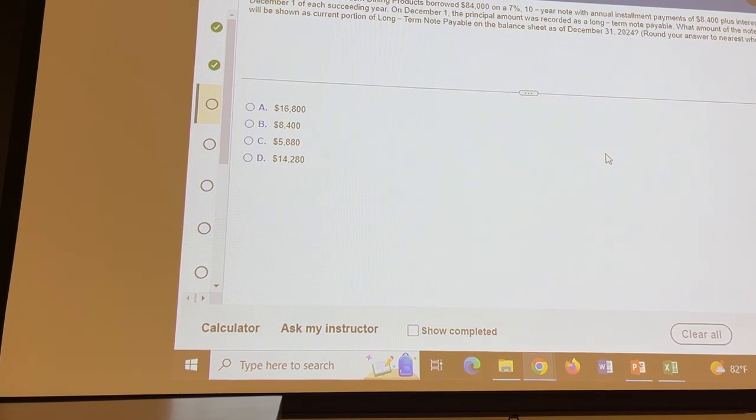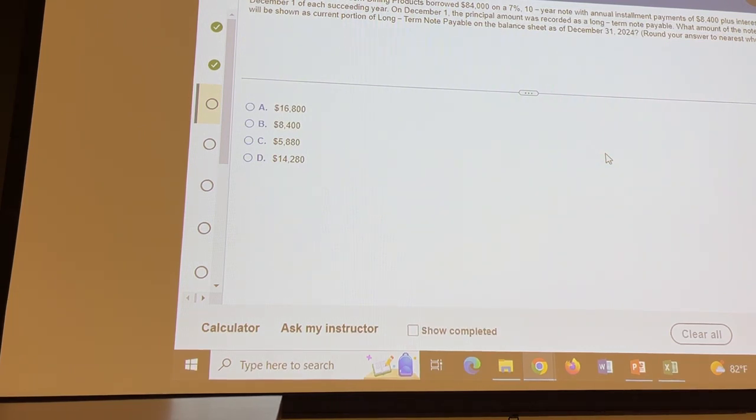On December 1st, the principal amount was recorded as a long-term note payable. What amount of the note payable will be shown as current portion of long-term note payable on the balance sheet as of December 31st, 2024?